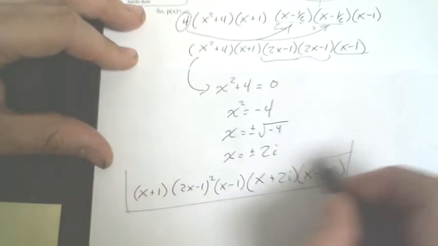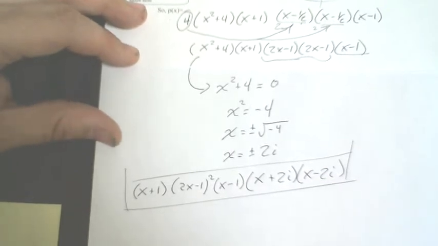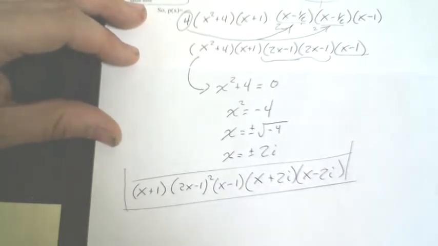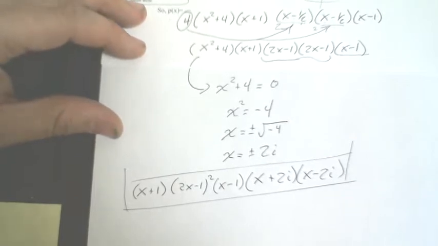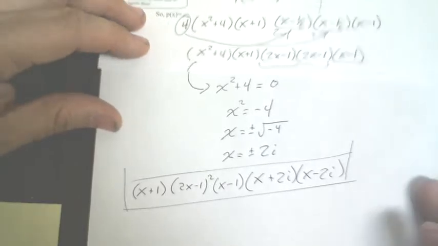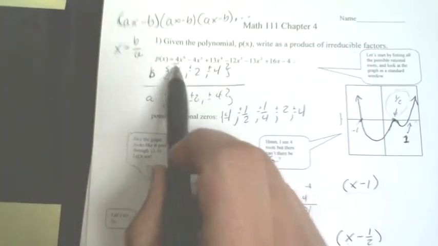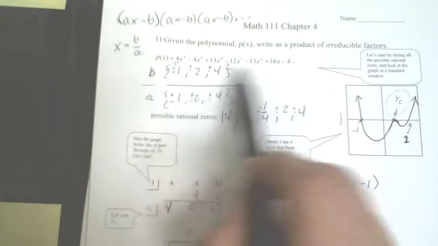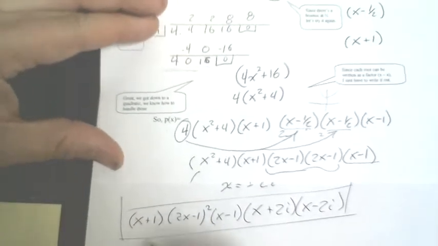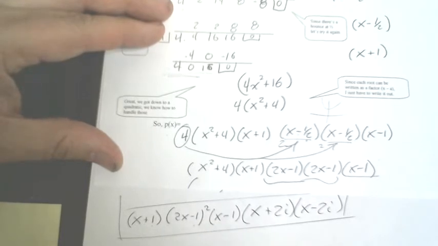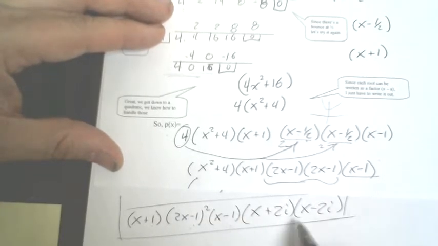And that forms your fully factored form, factored into complex solutions. Now, if instead somebody said set this equal to 0 and solve, you'd have a similar answer. Your answer would be the negative 1, the 1/2, multiplicity 2, the 1, the 2i and the negative 2i.